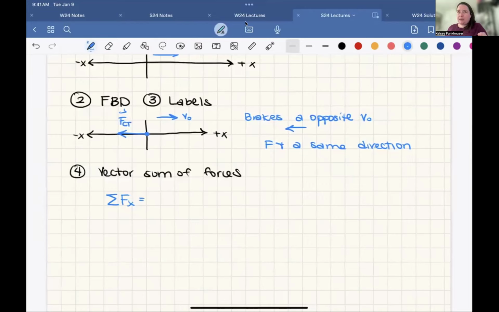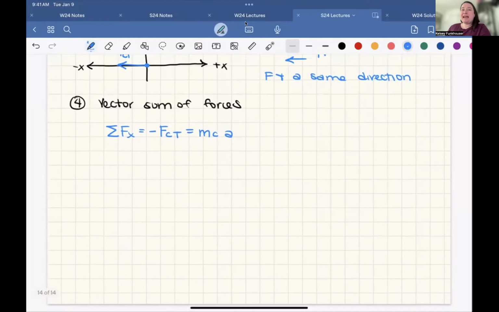One thing that we want to do when writing our sum of forces equations is to plug the sign into this equation so that we don't forget. The force we have is in the negative x direction, so it's going to have a negative sign there. And we also know that as this is the sum of forces, it is equal to the mass of the crate times the acceleration. The question asked us for the force, but obviously we need to find the acceleration first.